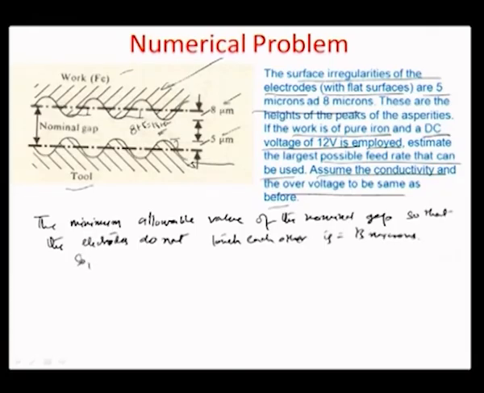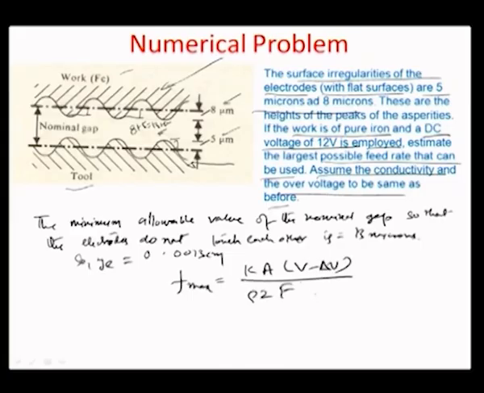So typically the YE value in terms of centimeters is 0.0013 centimeters. The corresponding feed rate F is again given by the equation Ka (V minus delta V) divided by rho Z F times the equilibrium gap, where F is the Faraday constant. Okay. And we know pretty much everything.